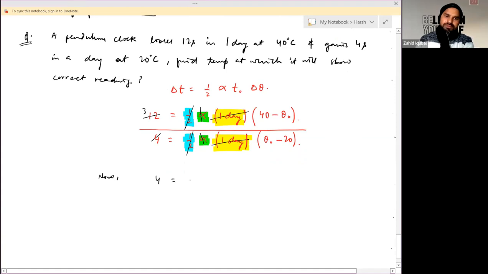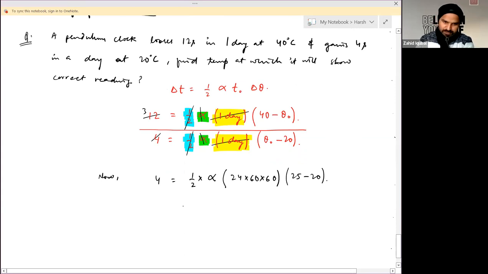4 equals half alpha, and in 1 day, the total duration of time in seconds will be 24 hours multiplied by 60 into 60, times theta naught, which is 25 degrees Celsius minus 20.